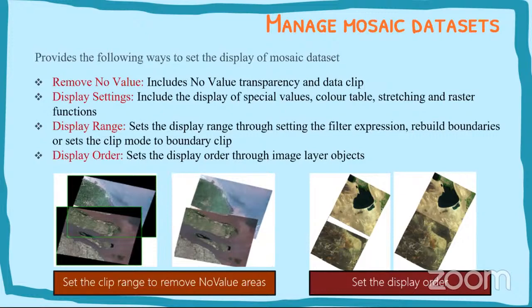It also provides a display range through setting the filter expression, rebuilding boundaries, or setting the clip mode to boundary clip. Lastly, it helps to set the display order through the image layer object.